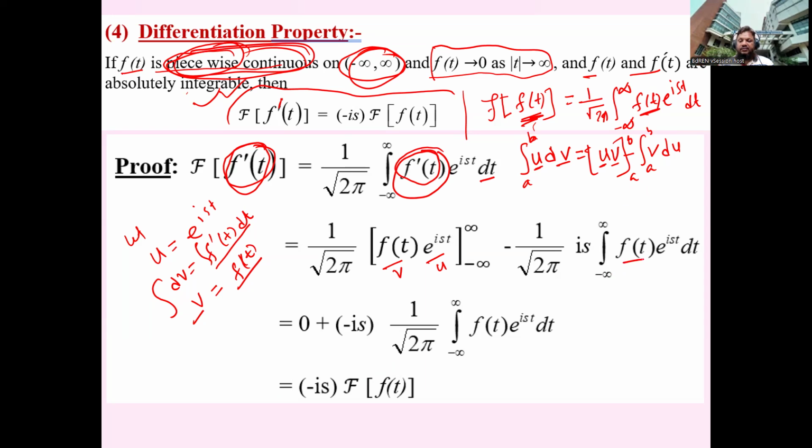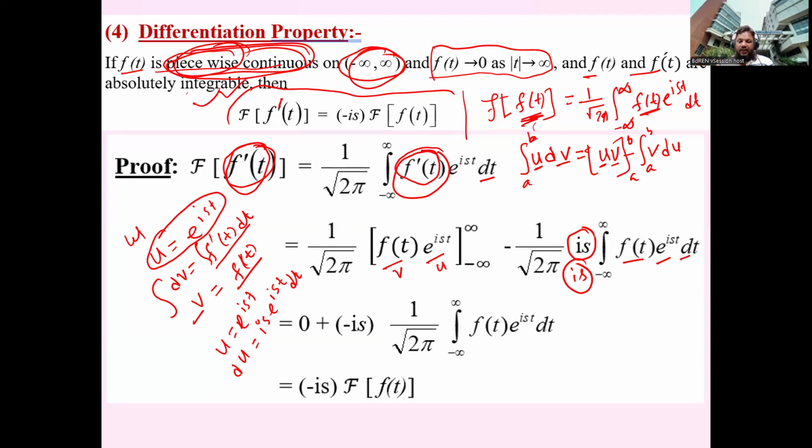V is f(t) and du you can find from u, which is e to the power i s t. So we can write du will be i s e to the power i s t dt. That's how you write i s. It is i s, not 'is' in the English language. It is i and s, multiplied. i s of e to the power i s t dt.